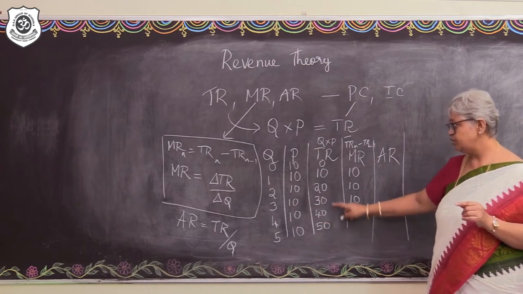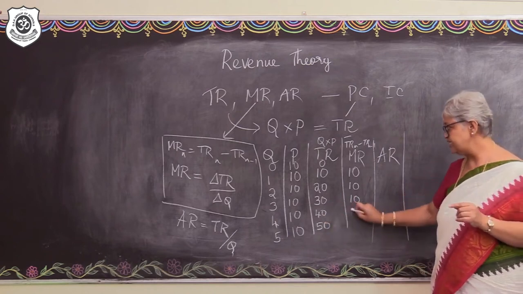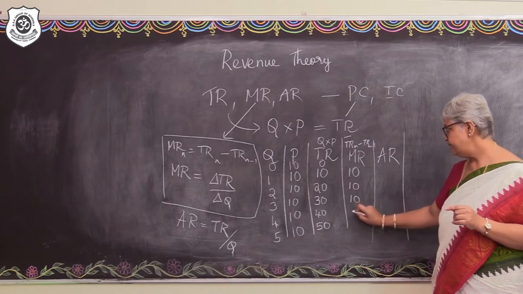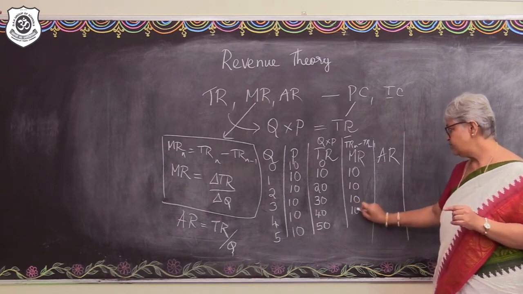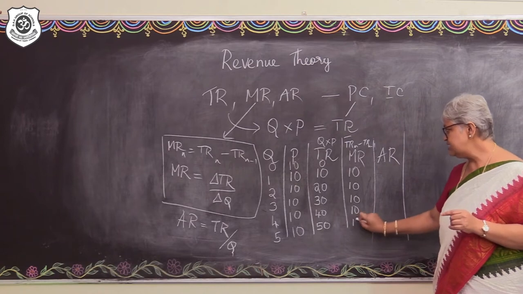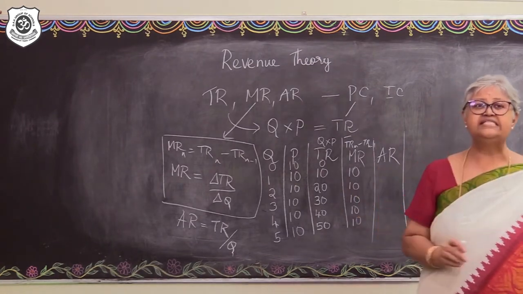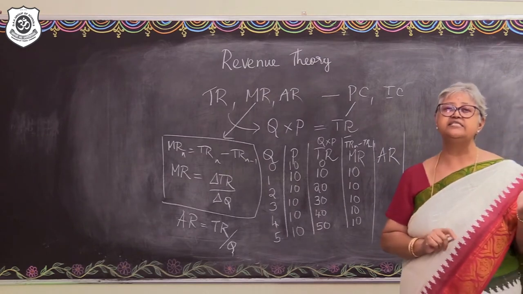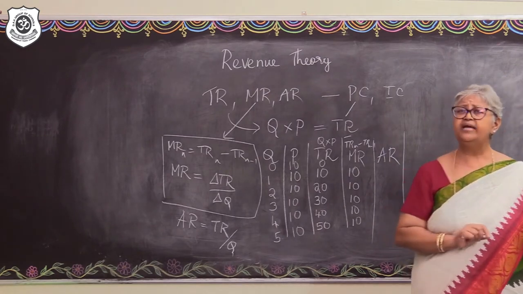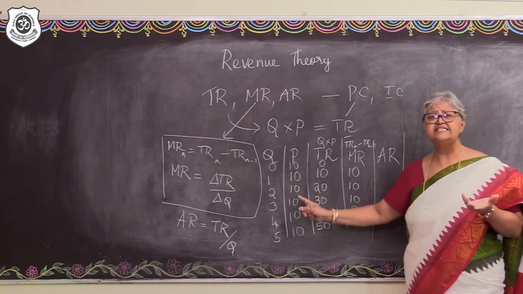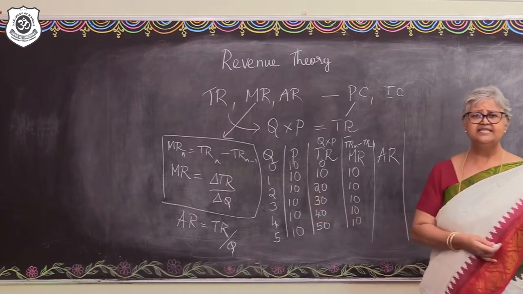The rate of change in the total revenue is 40 minus 30. So yes, 10 again. Right? So we see that the marginal revenue is changing at a constant rate. Fine? Why? That's because the price is constant, isn't it?